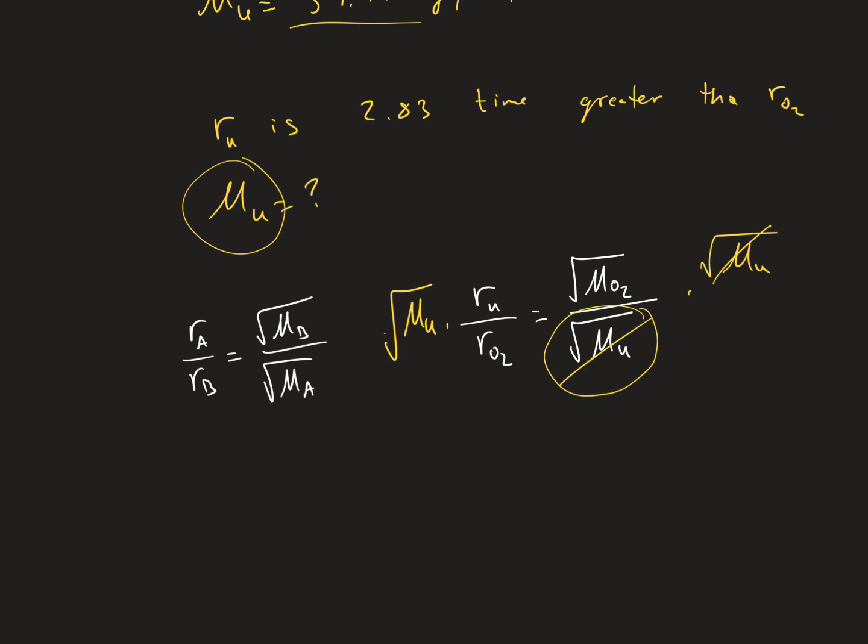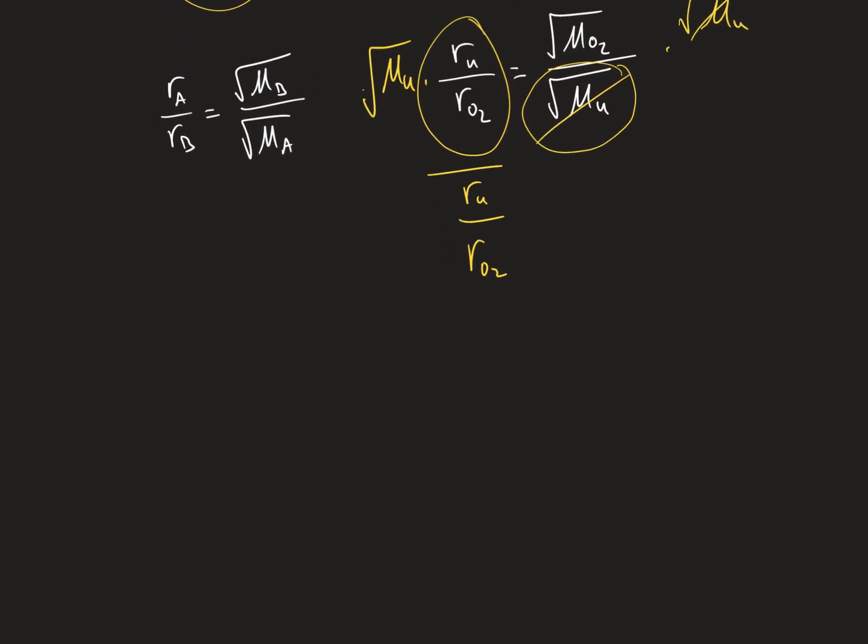Now we got to get rid of this stuff. We can flip and multiply, or we could just divide both sides by RU over RO2. You with me? So it's getting kind of messy there. So we got the rate of the unknown gas, square root, is equal to the square root of the molar mass of oxygen gas, and then divide that by RU over RO2.